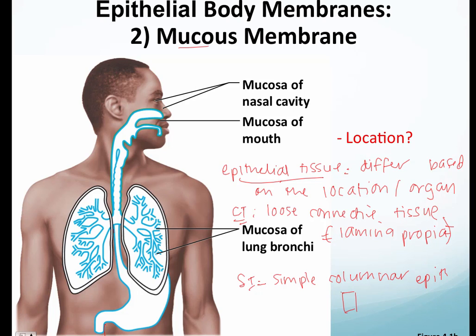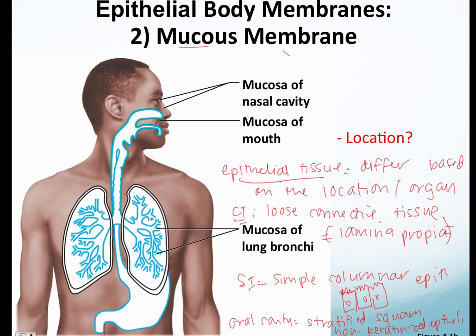So it's these long cells, especially designed for secretion. Within our oral cavity, we have stratified squamous non-keratinized, we'll see what keratin is in a little bit, epithelium.